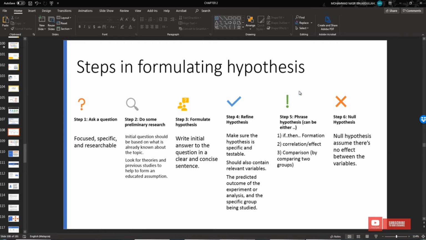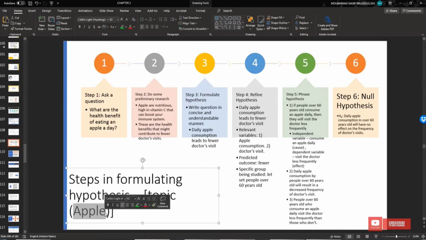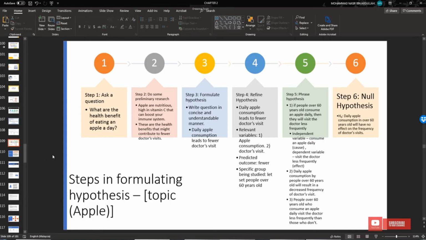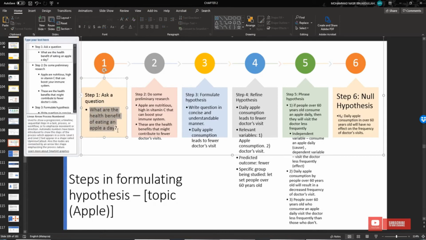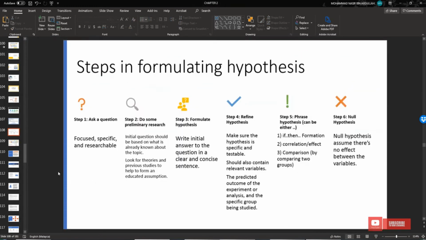So let's look at the example one by one, right? Choosing our topic, let's say we want to formulate a research hypothesis on apple. First, we need to ask a question. What are the health benefits of eating an apple a day? This is a specific, researchable, and focused question.